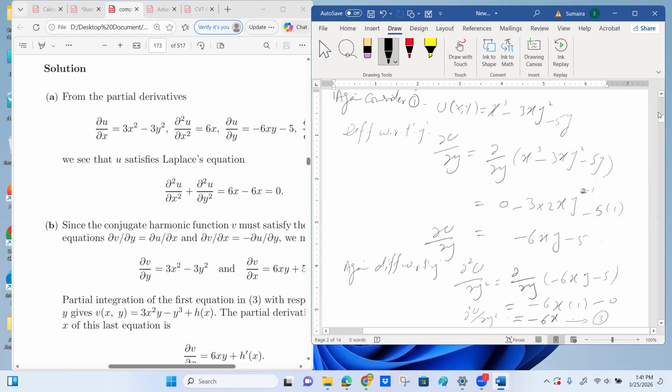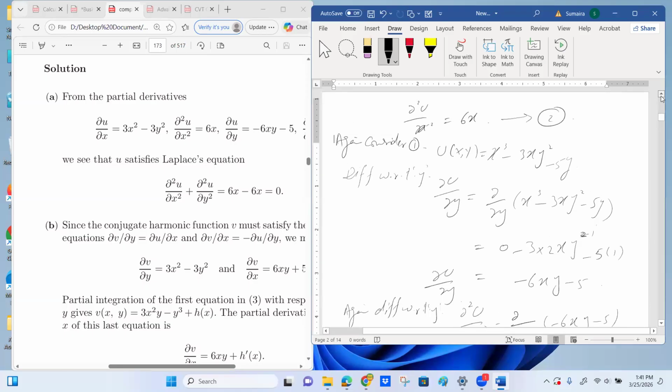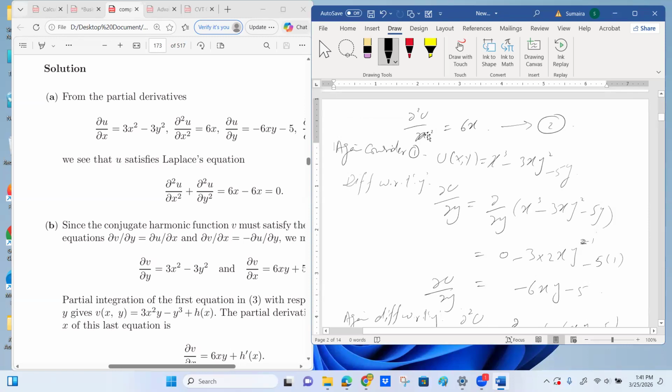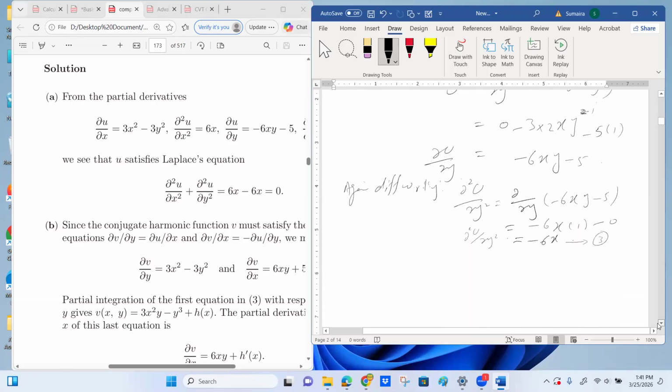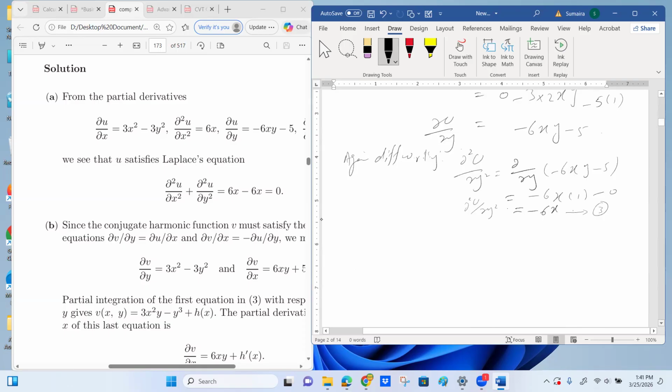From equation number 2, partial square u by partial x square is 6x, but partial square u by partial y square is minus 6x. So the Laplace equation of u, partial square u by partial x square plus partial square u by partial y square, is equal to 0.